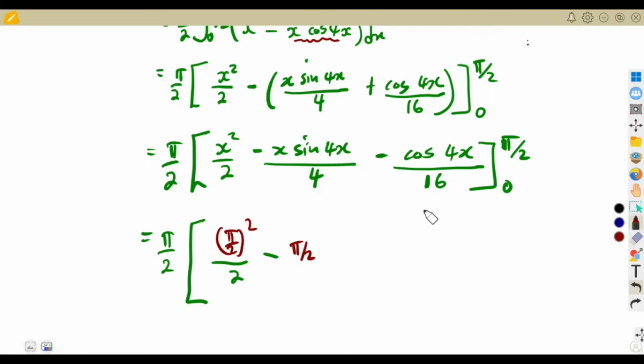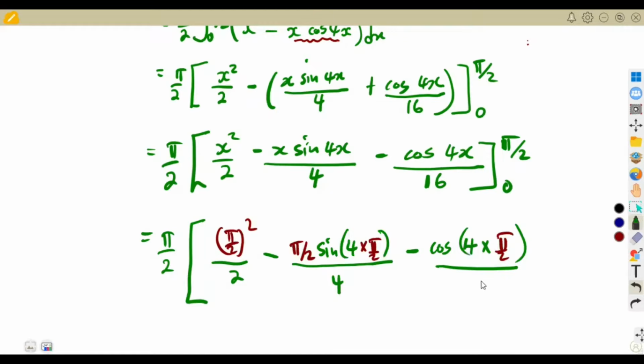Then we have the sine of 4 times pi over 2, everything over 4. Remember, your calculator automatically opens the bracket. Minus the same thing on cos, multiplied with our x, which is pi over 2, over 16.